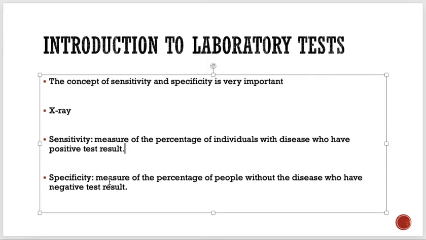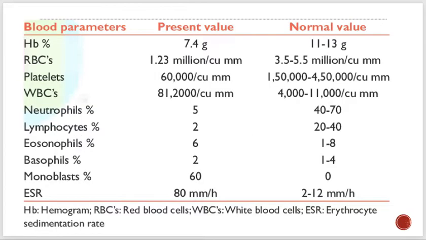One thing, for example: some of the tests are positive or negative, but some of the tests have a normal range. For example, the normal value of WBCs in the blood is between 4,000 to 11,000 per cubic millimeter, right?